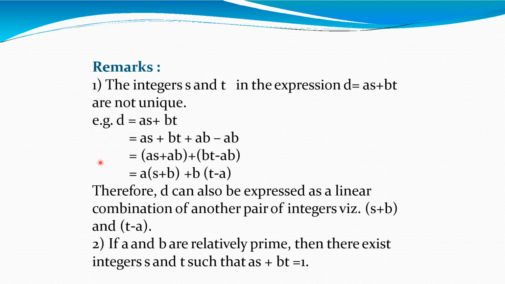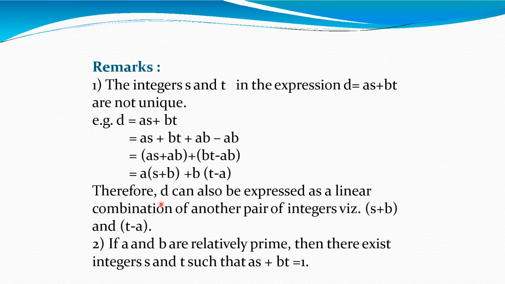Now this is equal to as plus ab plus bt minus ab. So we are considering as plus ab in one bracket and the remaining two terms in another bracket. From the first bracket we can take a common and from the second we can take b common. So here we have expressed d equal to a into (s plus b) plus b into (t minus a). Initially we had written it as as plus bt. Now the integers we are getting are different from s and t, which are s plus b and t minus a. So in this way we can find another expression also.